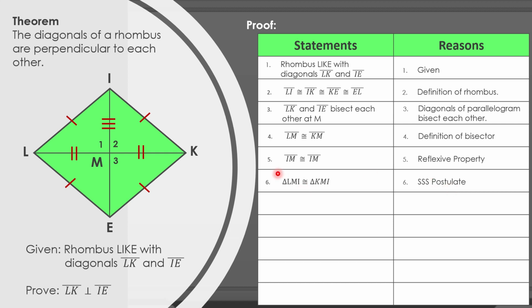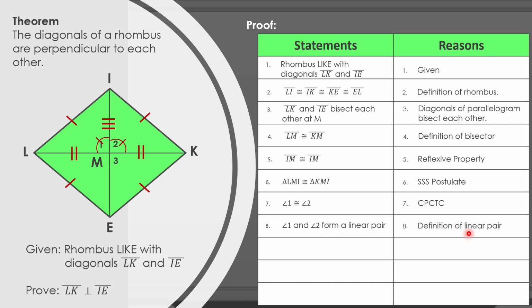Since we know that these two triangles are congruent, we can now say that angle 1 and angle 2 are congruent. As for the reason, the corresponding parts of congruent triangles are congruent. So from the position of our angle 1 and angle 2, we can say that angle 1 and angle 2 form a linear pair.